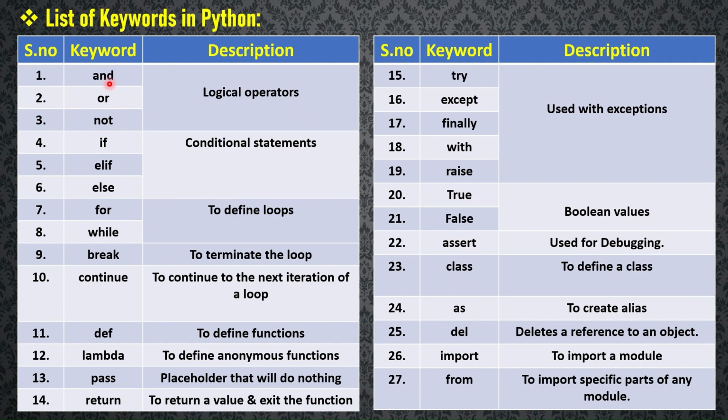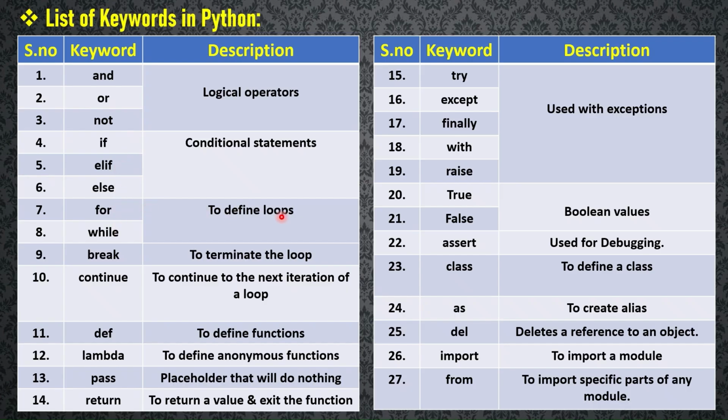For now, you can remember these are the keywords that we come across under logical operations. And here, if, elif, and else keywords can be used as conditional statements. If you want to check any conditions in Python, then these keywords come into the picture in different cases.